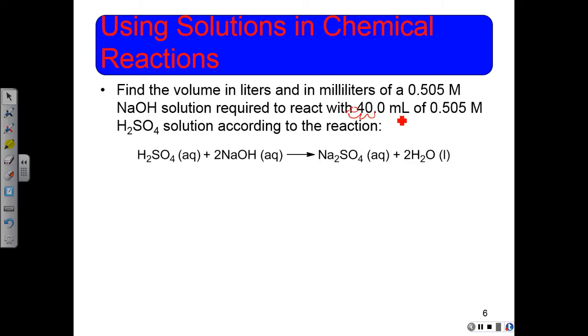That would be 0.040 liters. This time what you're going to do is you're going to go from liters to moles to moles to liters.